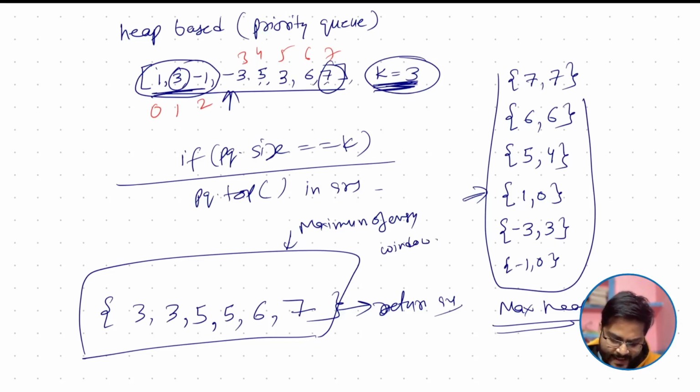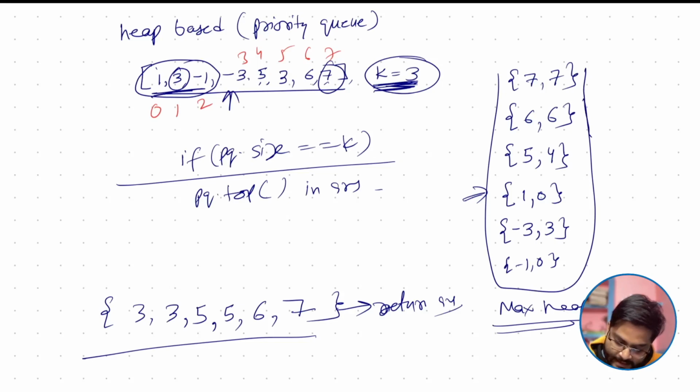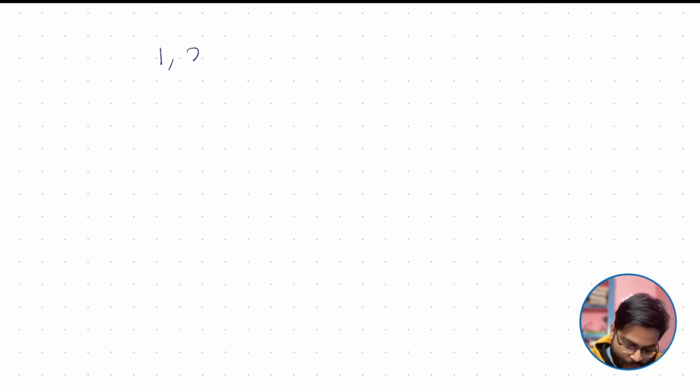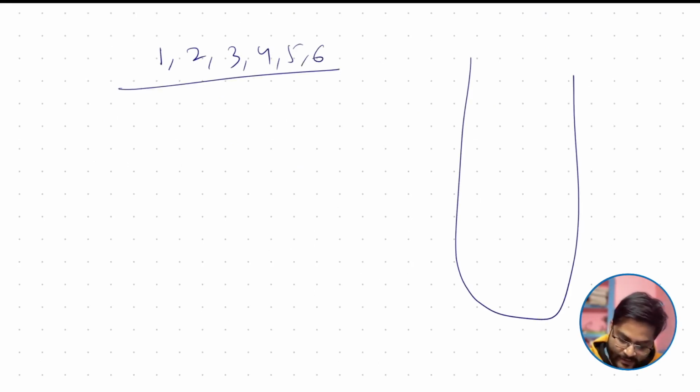So what will the time complexity be? In the heap, at worst, in this example 1 2 3 4 5 6, it will store all the elements with their indexes: 1 comma 0, 2 comma 1, then 3 comma 2, like this.